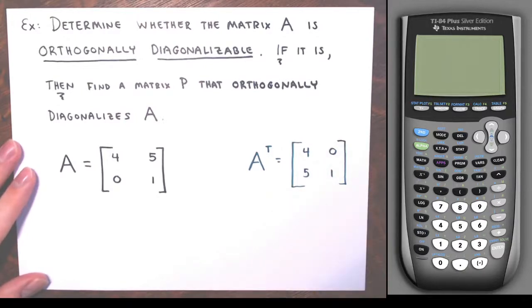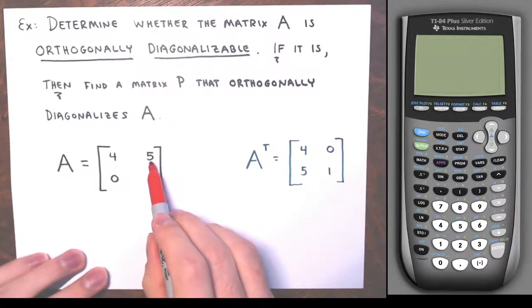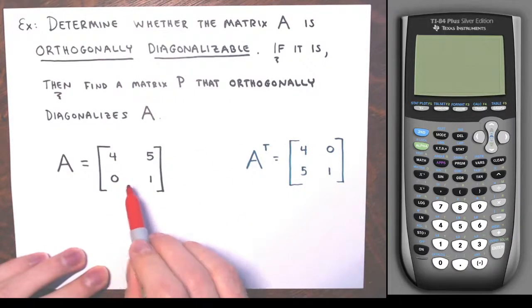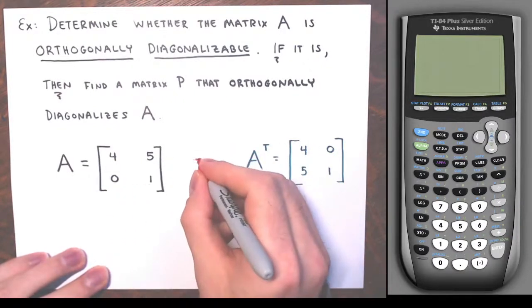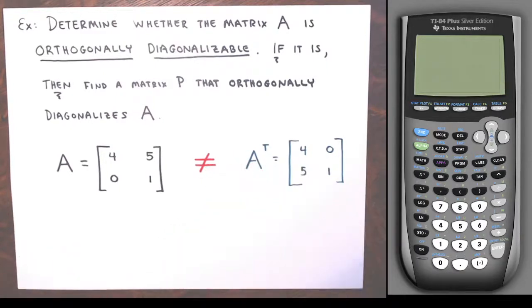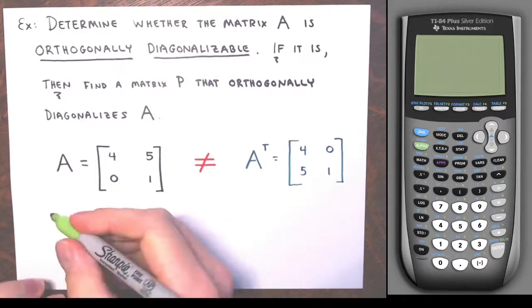And notice that these are not the same matrix. The first row, second column entries aren't the same. The second row, first column entries are not the same. So matrix A is not equal to matrix A transpose. That means that A is not symmetric.